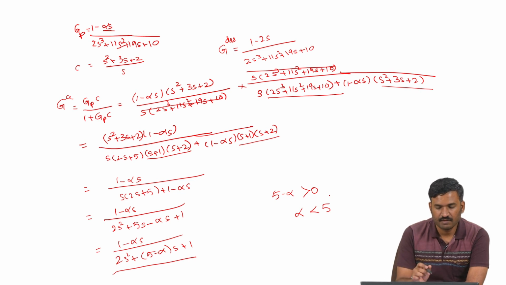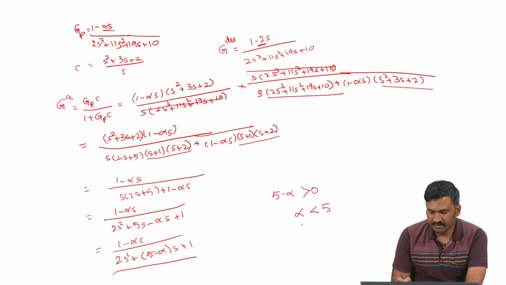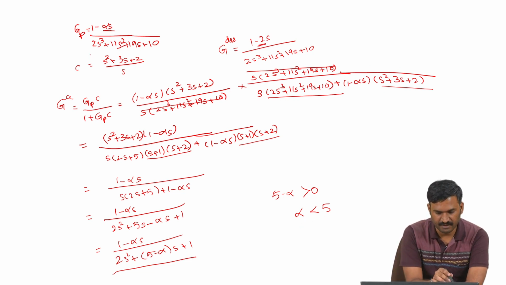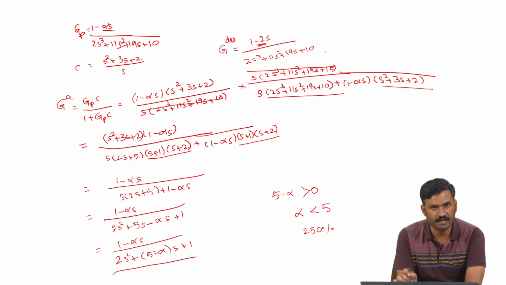So, we assumed the alpha to be 2. Any alpha which is less than 5 can be controlled by this controller. So, we can tolerate error up to 250% of the original model which we have assumed, which is 1 minus 2s divided by denominator polynomial.